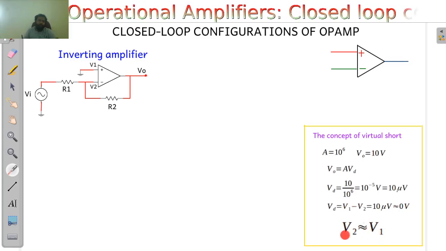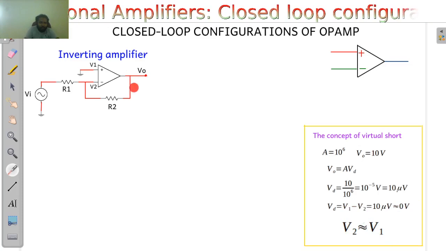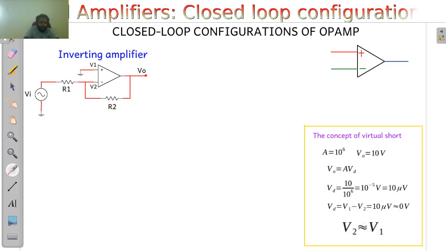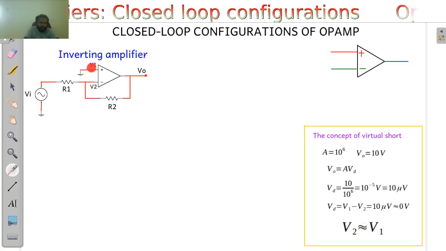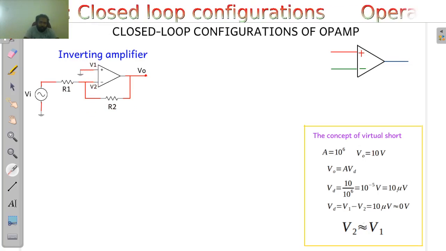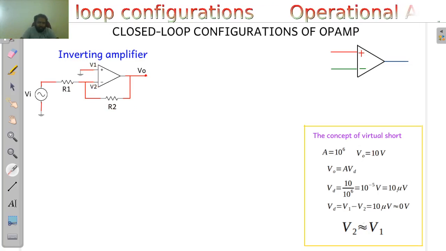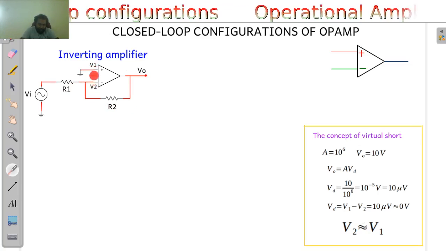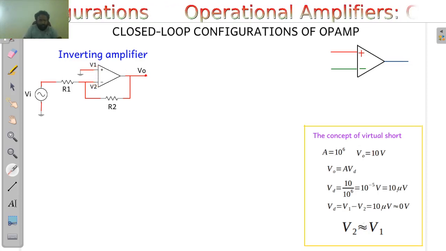So that means that whenever you are using this feedback system, your V1 and V2 will be of the same order, or almost equal. There won't be much change in it. So the difference between V1 and V2 can be practically considered as 0 volts.